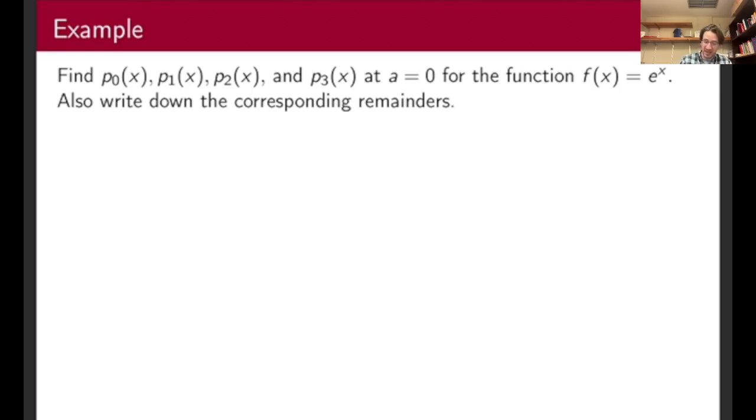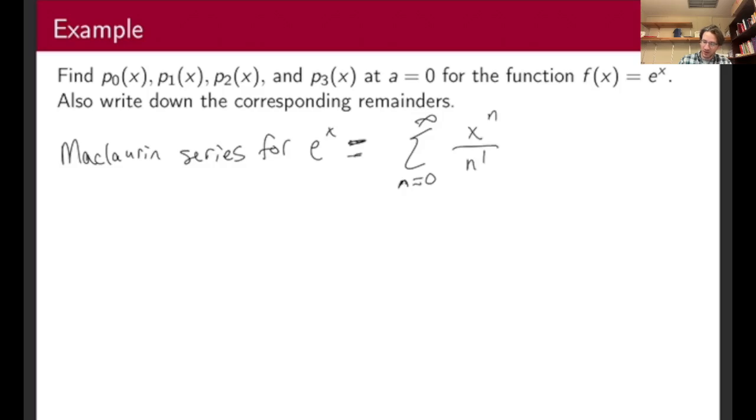And it's actually at a equals 0, so really the Maclaurin series. Hopefully you remember that that is the sum from n equals 0 to infinity of x to the n over n factorial. There is the Maclaurin series for e to the x.